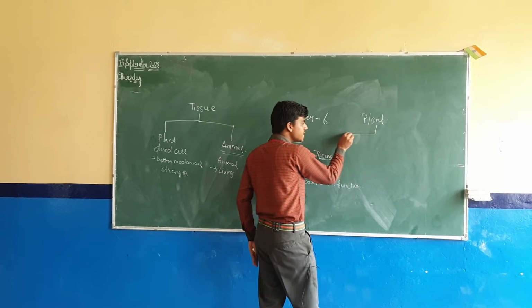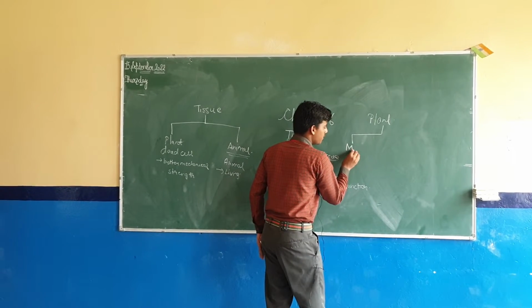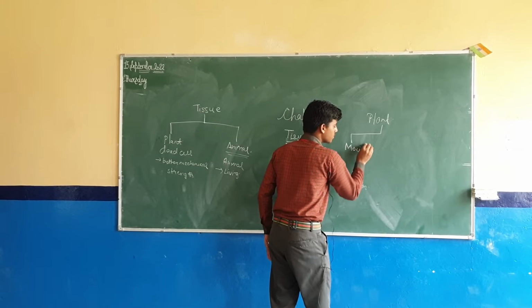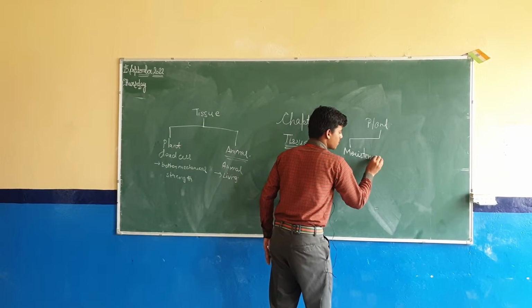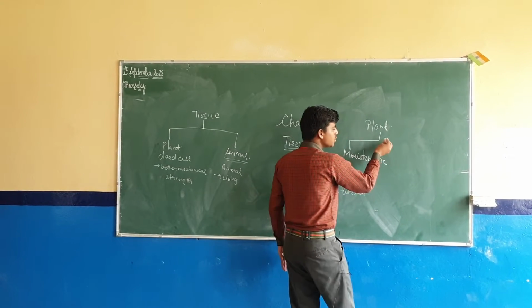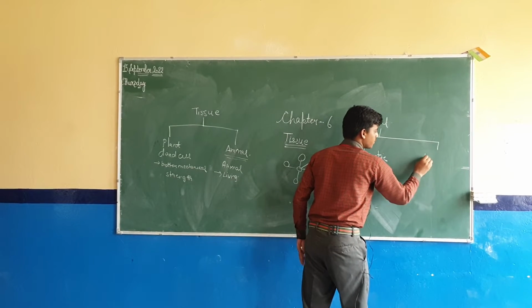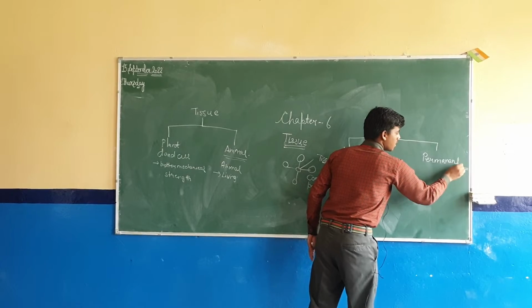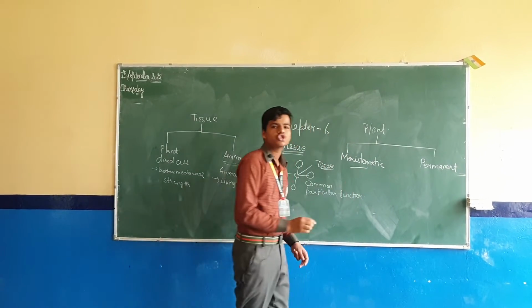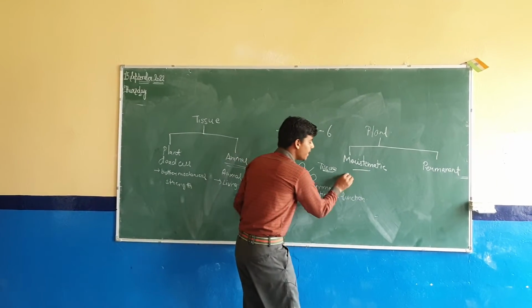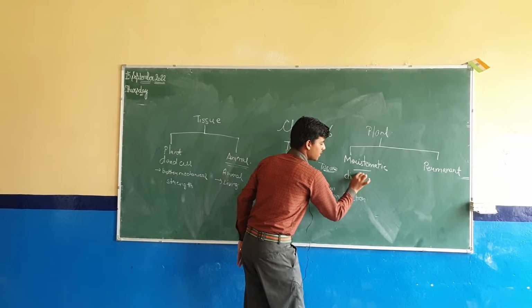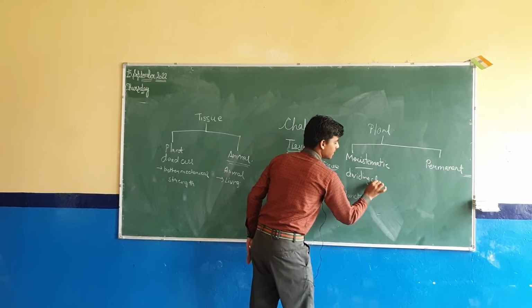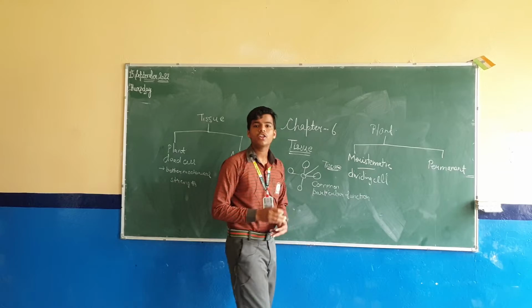Plant tissue is categorized into two parts: meristematic tissue, and second one is permanent tissue. Meristematic tissue are those tissue that have dividing cells, and they can divide throughout their life.